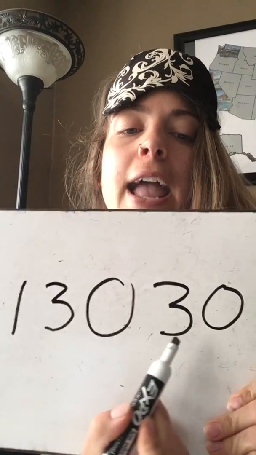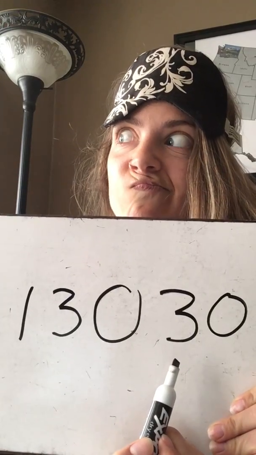Okay, so I want to do ones that trick us up sometimes. 13 and 30, okay? And we need to figure out what to put in the middle. 13 and 30. Oh dear. So what I would do is let's think about the 10s and the 1s.